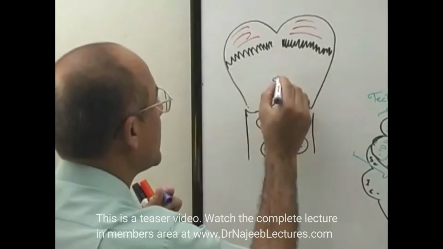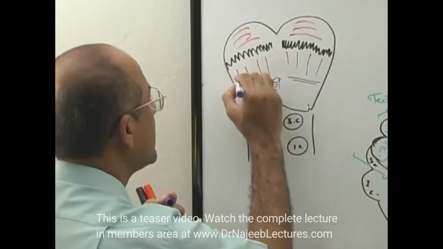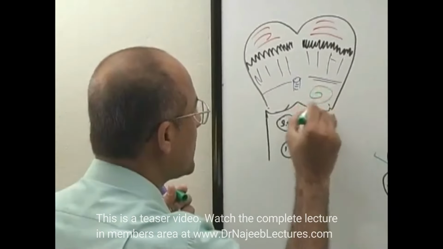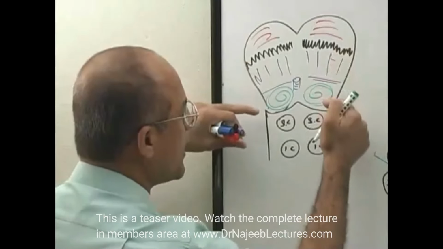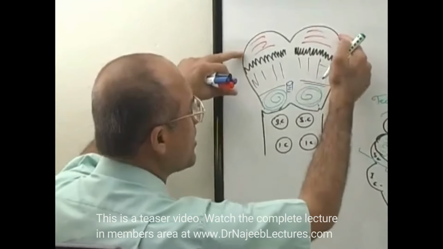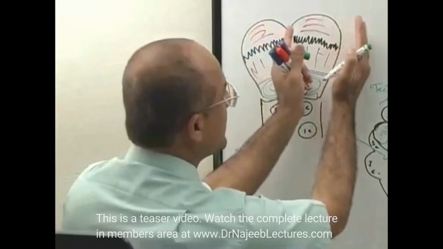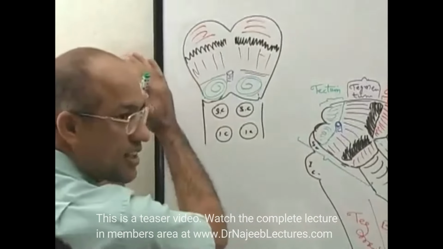And what is here? Tegmentum. And again, as a test, what is it? Tectum. So, from back to the front: tectum, tegmentum, base or crus cerebri. And half of it is the right cerebral peduncle, and this is the left cerebral peduncle.